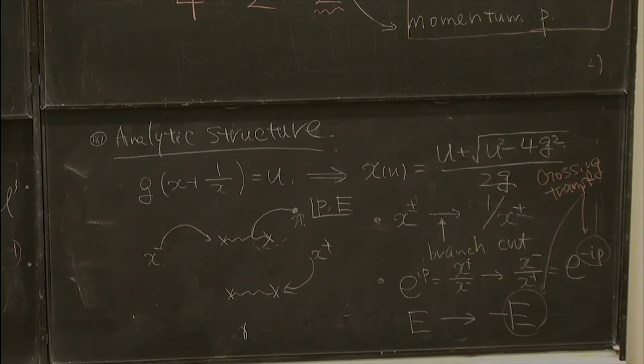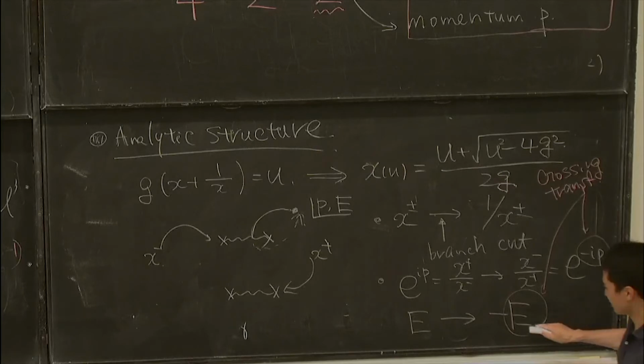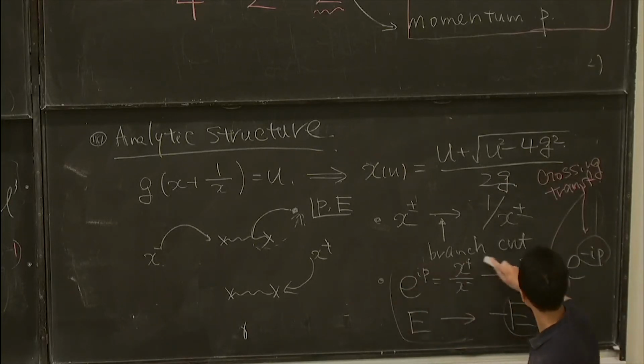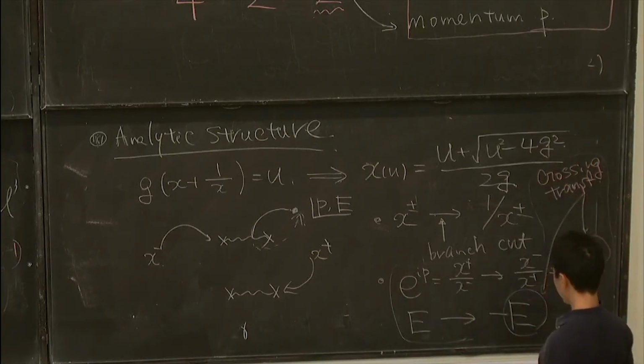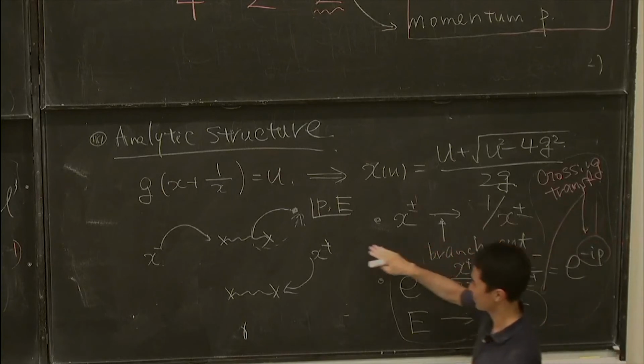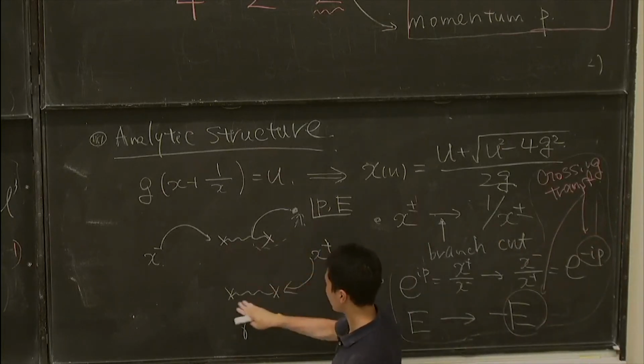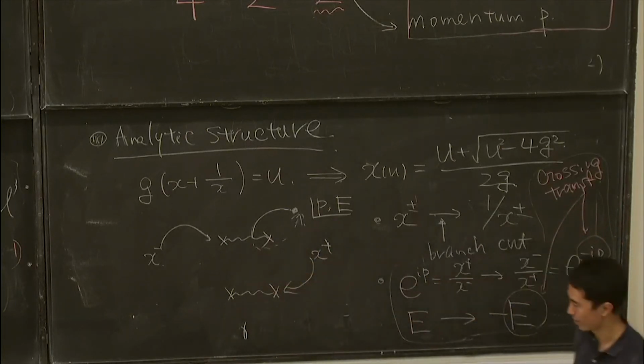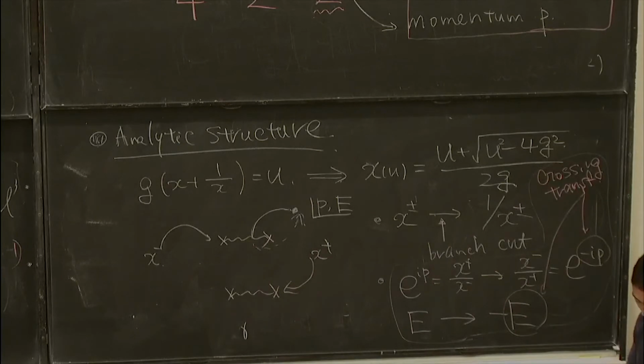So it turns out that this analytic continuation basically corresponds to the crossing transformation. And the structure of the crossing transformation is actually encoded in the existence of these branch cuts. So this is a kind of interesting feature of this dispersion relation for N=4 super Yang-Mills theory.